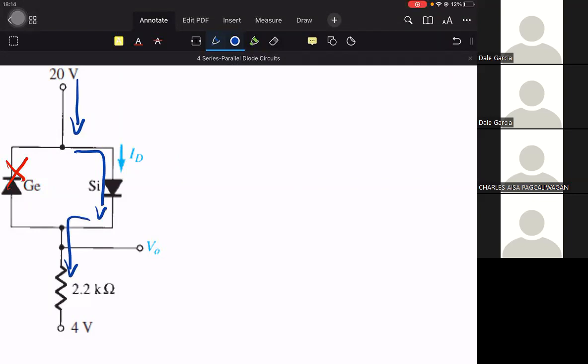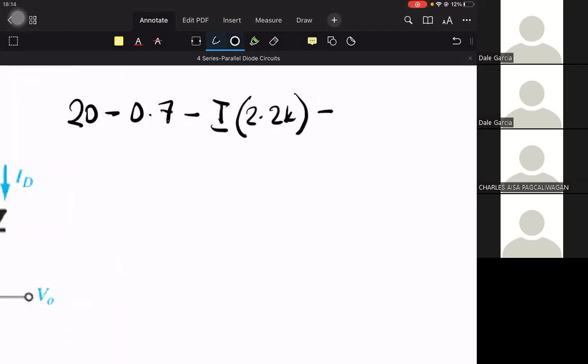And again, atong circuit will become a purely series na circuit. So if we perform KVL, 20 minus 0.7 is the silicon, minus current ni resistor times 2.2, IR 2K, minus 4 volts equal to 0.